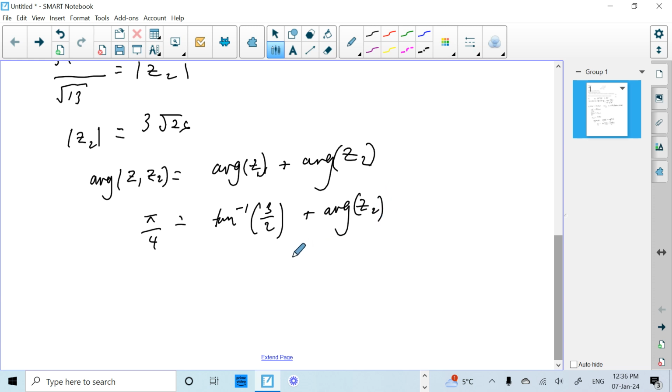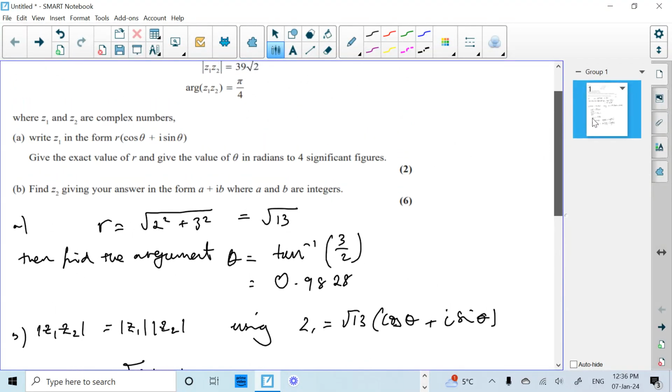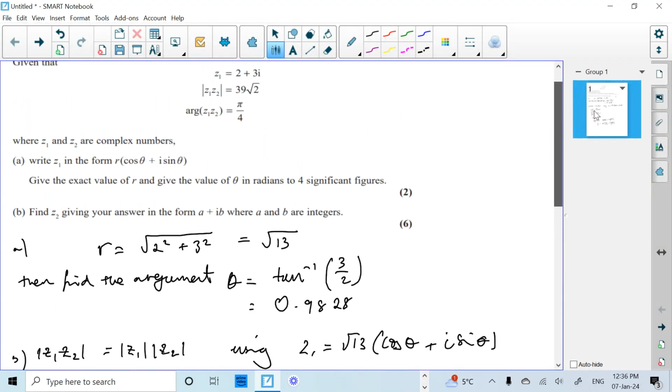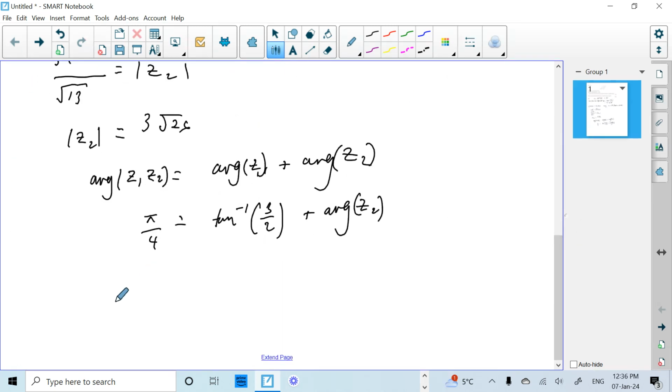I'm going to end up using it, so I want to put it in a form where, because the question says write it in the form a plus ib, where a and b are integers, I'm going to rearrange it so that arg z2 is equal to pi over 4 minus the inverse tan of 3 over 2, because I'm going to substitute that in.